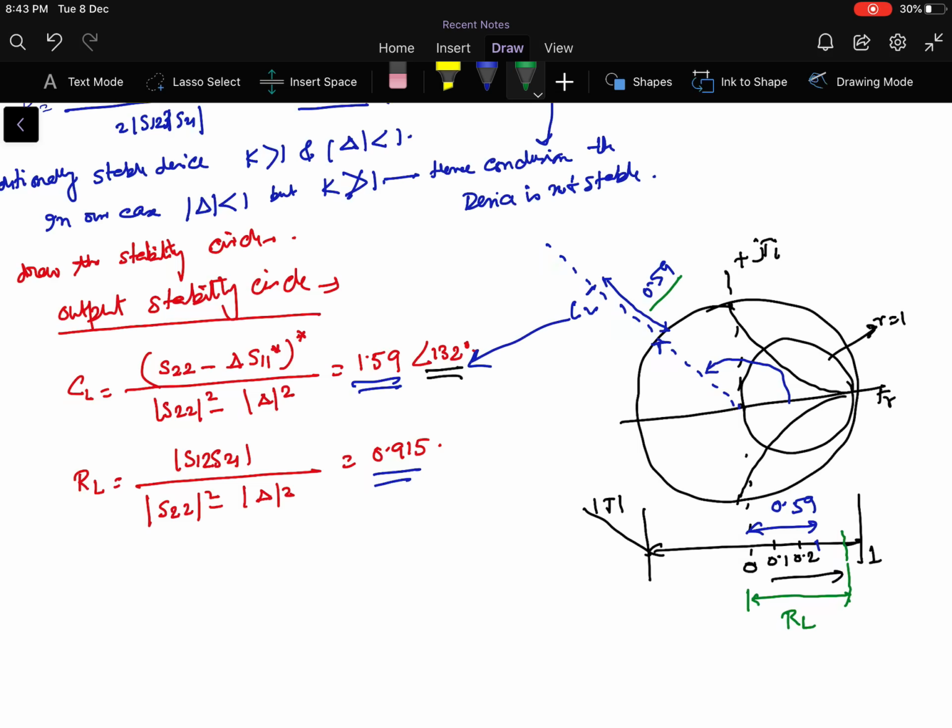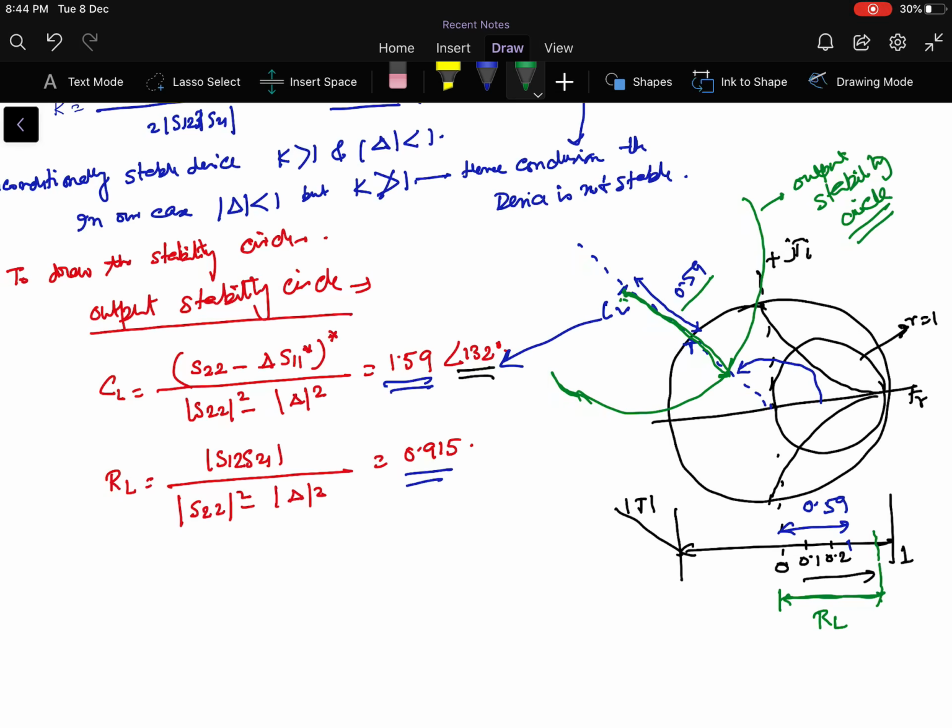So the 0.915, putting the center here, from here if I see 0.915, it will come along this much, which is from here to here. Now with that, if I draw the circle, this is the circle which I draw, and I am calling it an output stability circle.